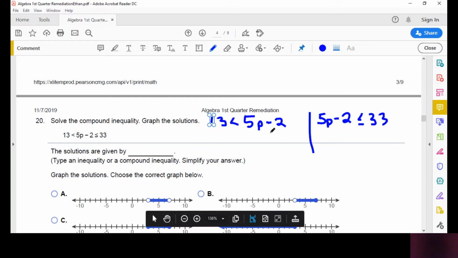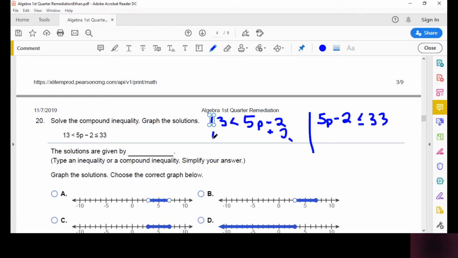Okay? Go ahead. We add 2 to both sides. So we have 15 is less than 5p. We're dividing by 5. Okay, so 15 divided by 5 is 3 is less than p.